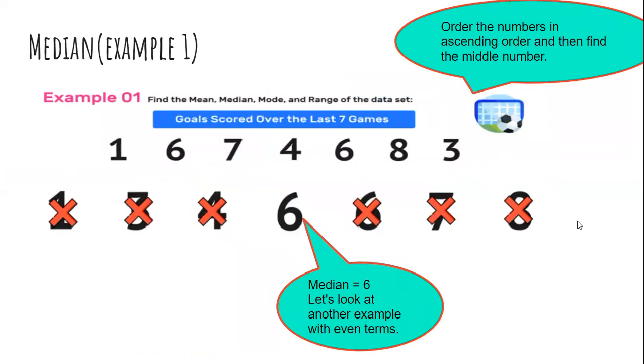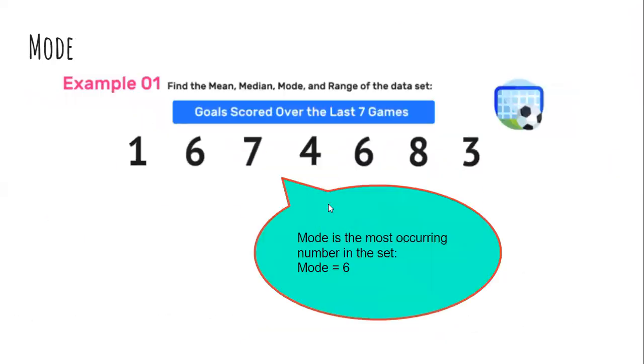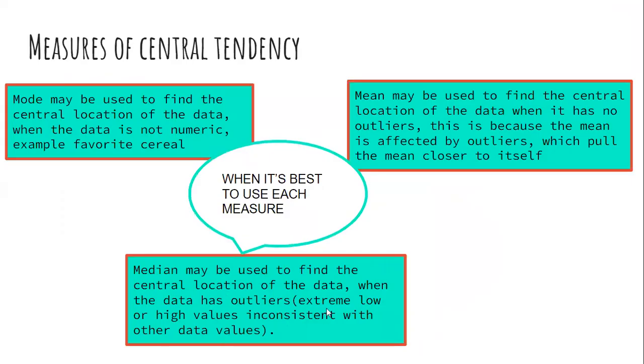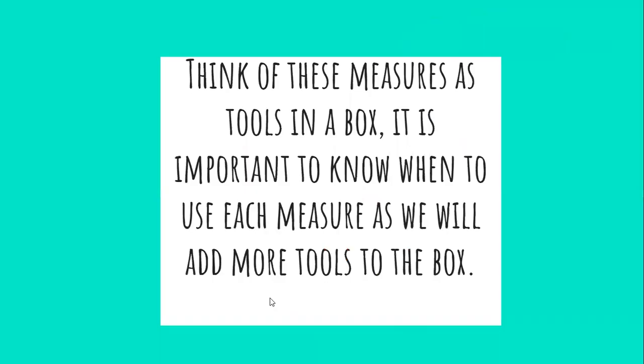The 100 would just be disqualified, and the middle would be two numbers, this 6 and this 6. Then we would have 12, and 12 divided by 2 is 6. So the median would still be 6. It's not affected by the presence of 100. I hope you understand that it is not affected by outliers.